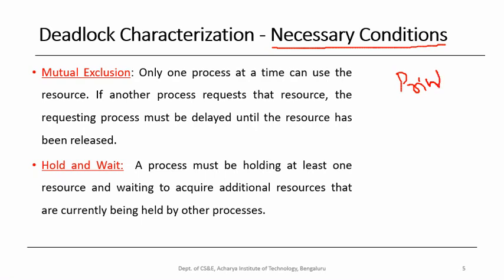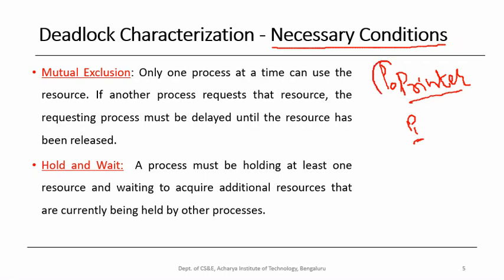This printer is not shared by multiple processes at the same time, in the sense that if process P0 gets this printer, it cannot be used by another process P1, though P1 needs this printer to complete its execution. That's what mutual exclusion is.